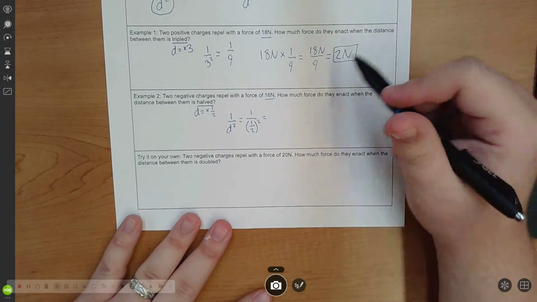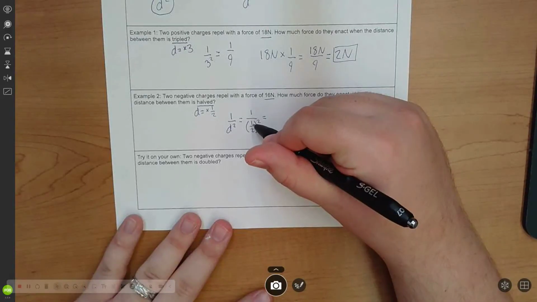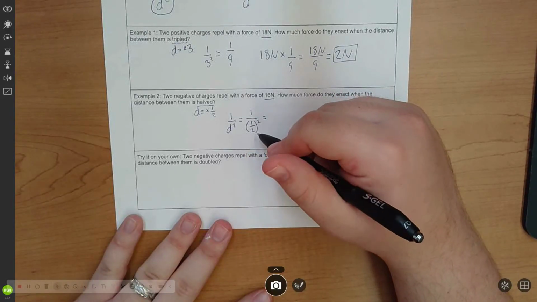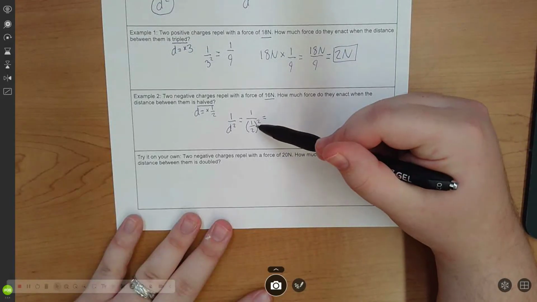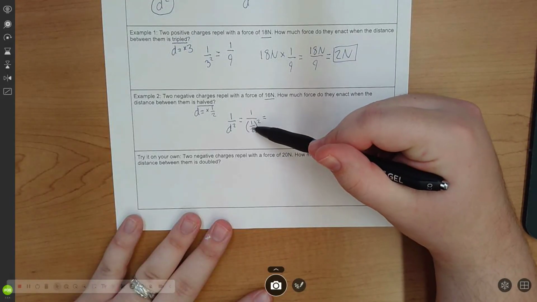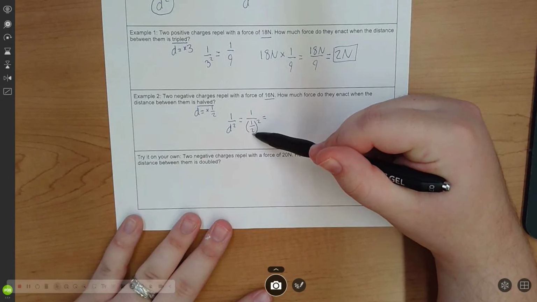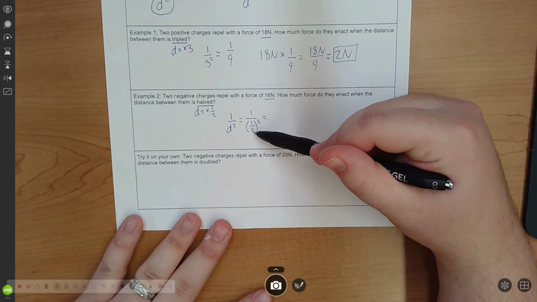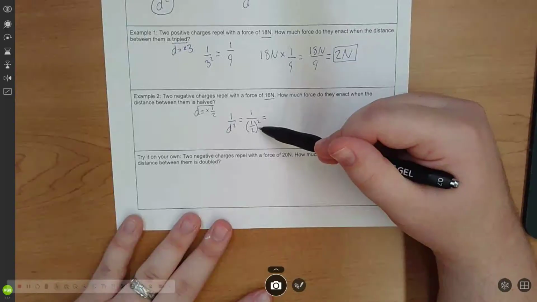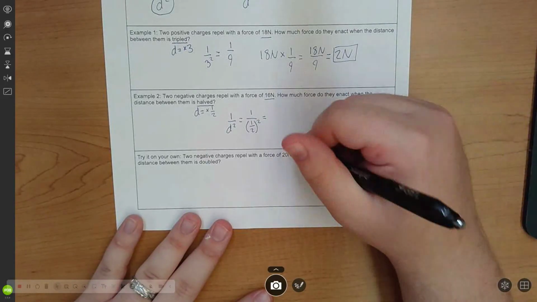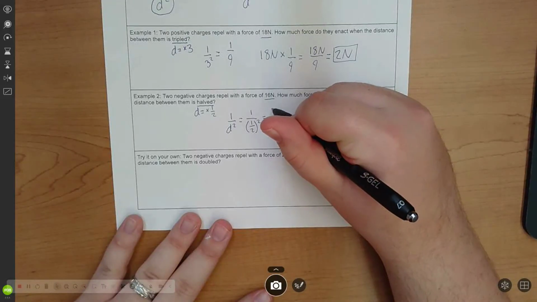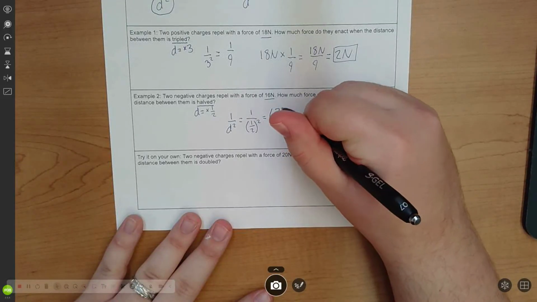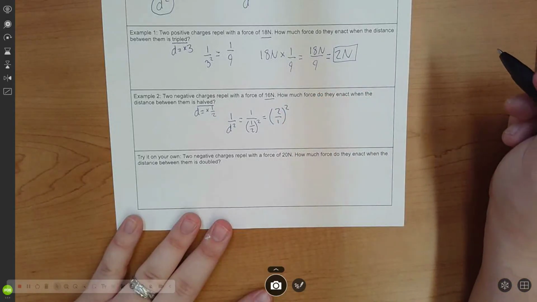Okay? When we do a fraction like this on the denominator, what we need to do is flip that denominator, so that 2 is getting flipped up to the very top. So when you do a fraction of a fraction, it flips it around. So instead of being 1 over 2, this is going to become 2 over 1 squared.